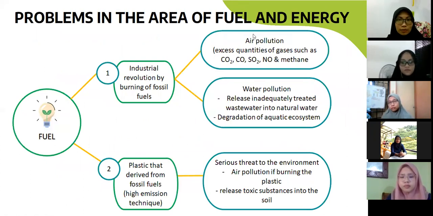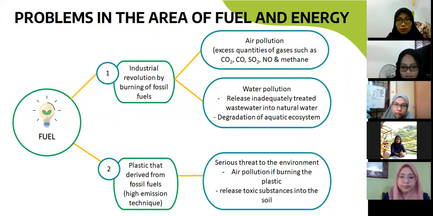Next are the problems in the area of fuel and energy. Fuel is involved in the industrial revolution in huge machinery processes by burning of fossil fuels. This will contribute to air and water pollution. Air pollution occurs when excess quantities of gases such as carbon dioxide, carbon monoxide, nitrous oxide, and methane are released to the atmosphere.